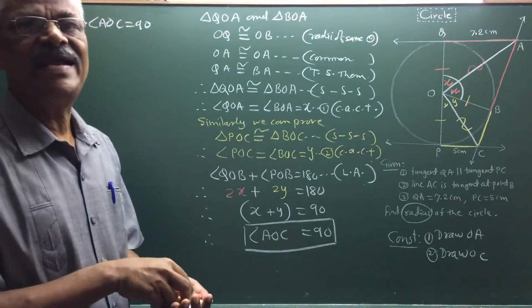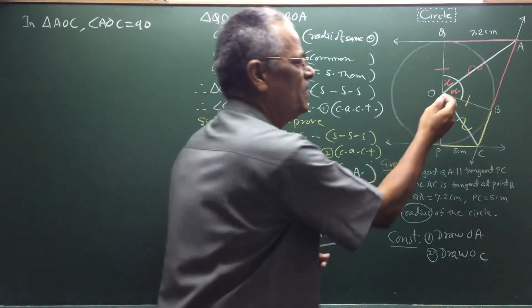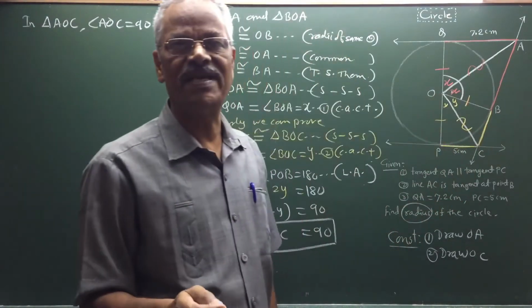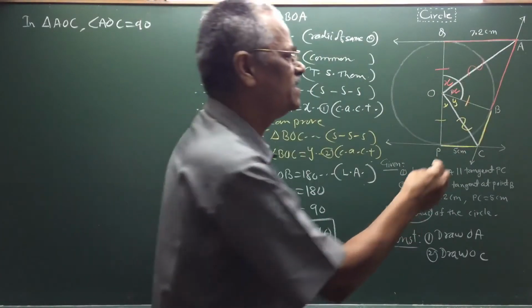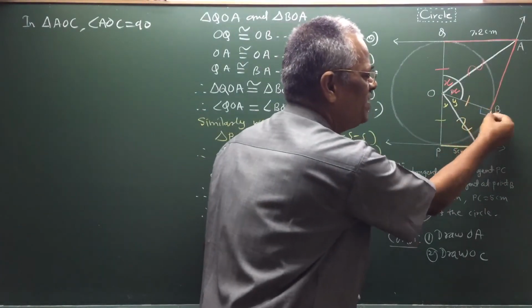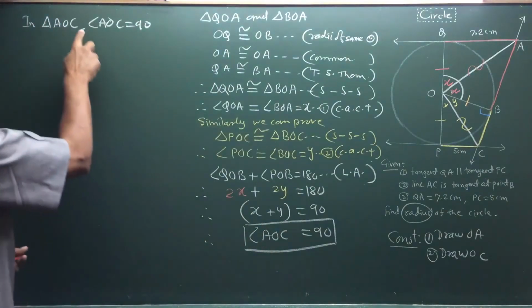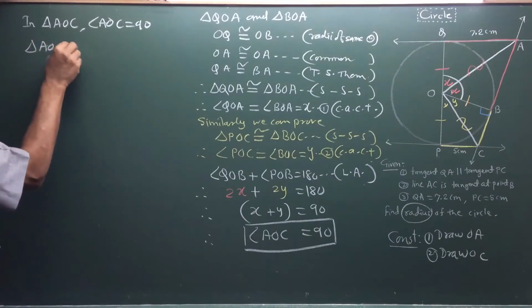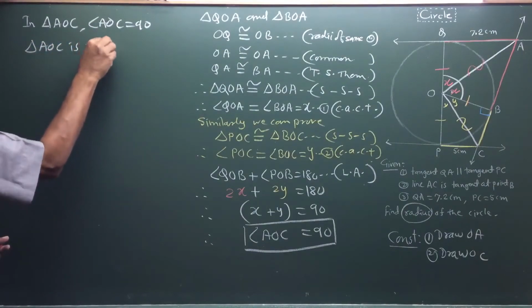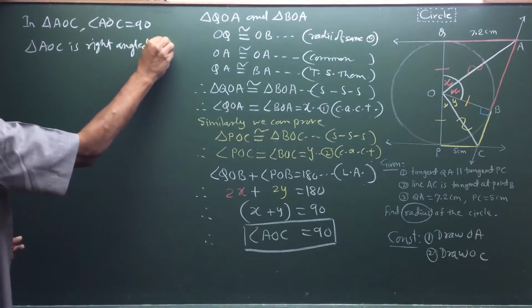And in that right angle triangle, very important now, OB is the radius of the circle and ABC is the tangent to the circle. So this is perpendicular there. Triangle AOC is a right angled triangle.